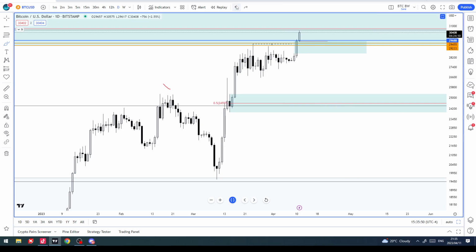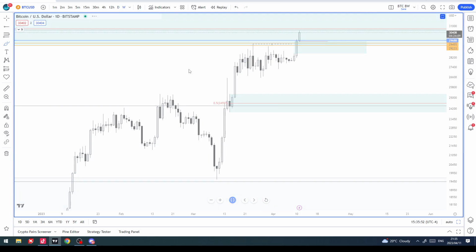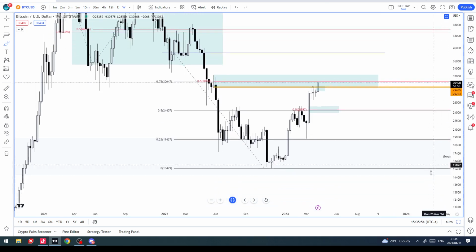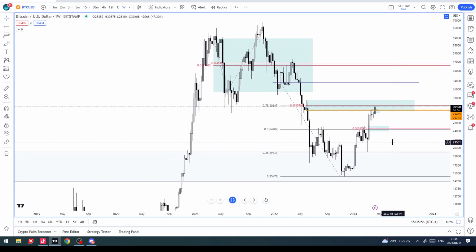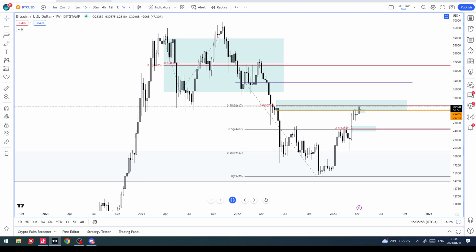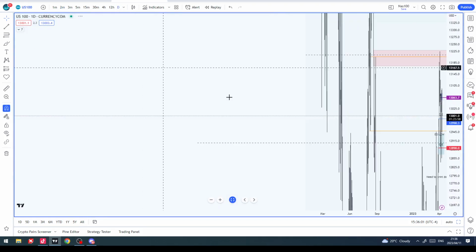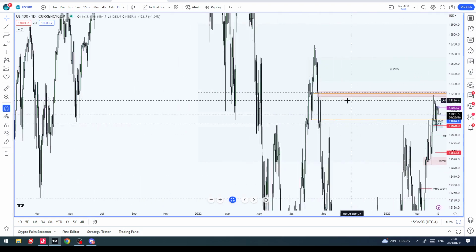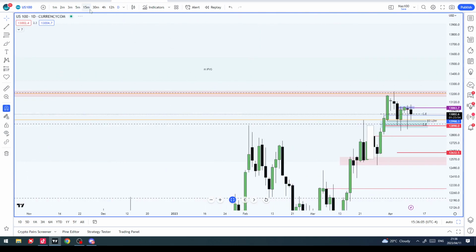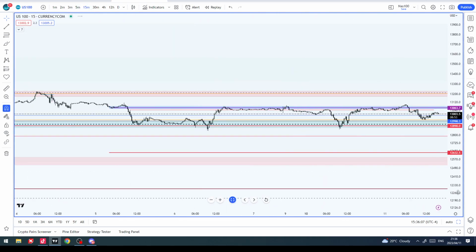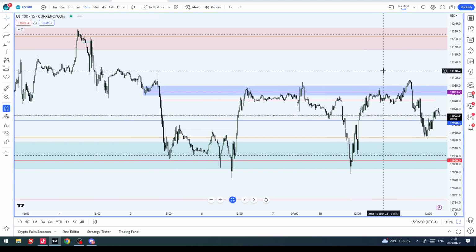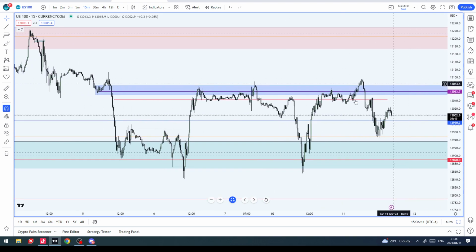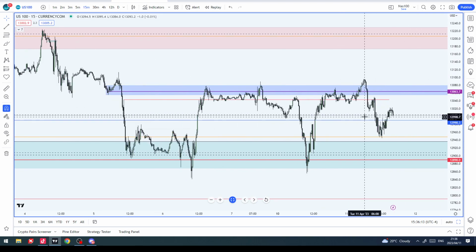Now, on a larger scale, what I want you to be aware of, right? You guys know the models, you've seen the models. Let's go look at NAS, right? And there's several of these happening at the moment. Let's look at the current one on an M15. Let's take a look here.